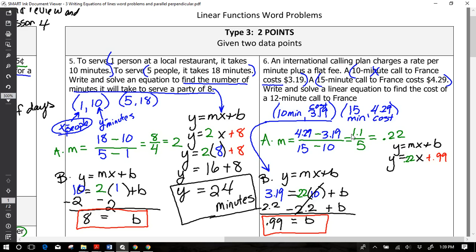Now let's go back up and rewrite. They want to know what would be the cost of a 12-minute phone call to France. Well, remember, X represented minutes. So I'm going to plug in a 12 here. And then I will end up just typing this directly into my calculator.